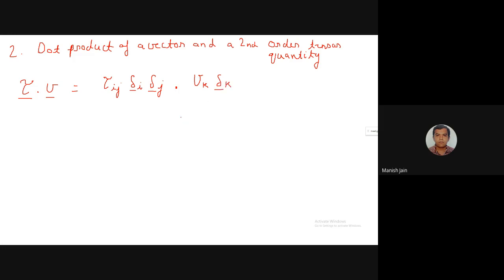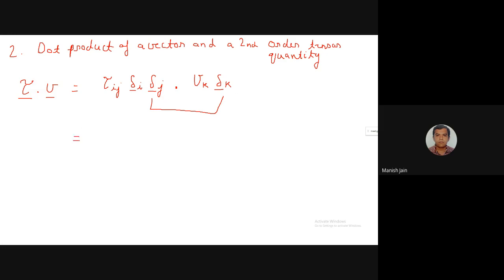Now I have told you that whenever you have the dot operation between the second order tensor quantities, you have to take the dot operation between the nearer vectors. So the dot operation will occur between del j and del k. It cannot occur between del i and del k, because the nearer vectors are j and k only.